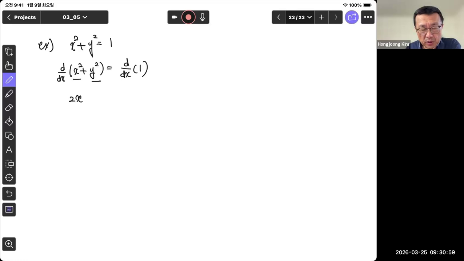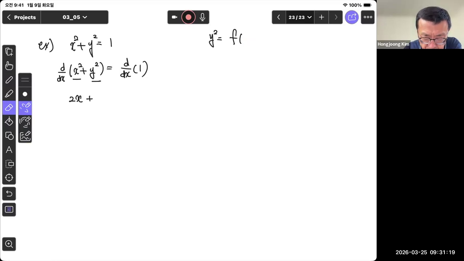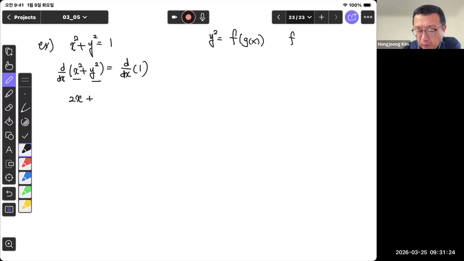If I differentiate the second term, remember that this y squared is the composite of two functions, where f of u is u squared and g of x is just y, whose explicit representation we do not know.